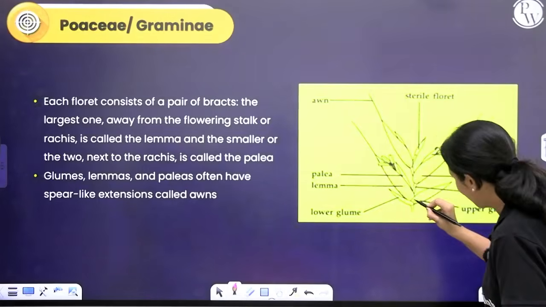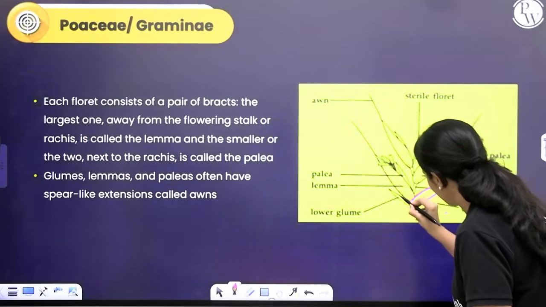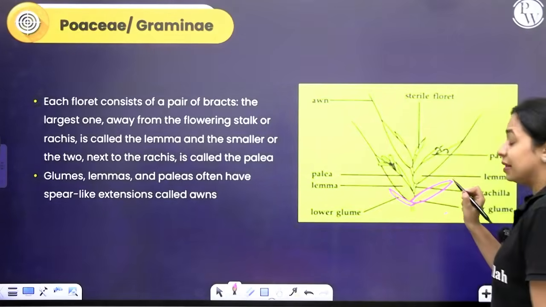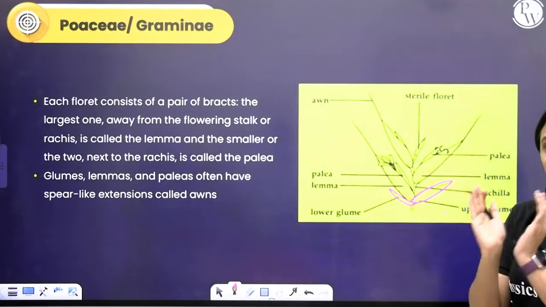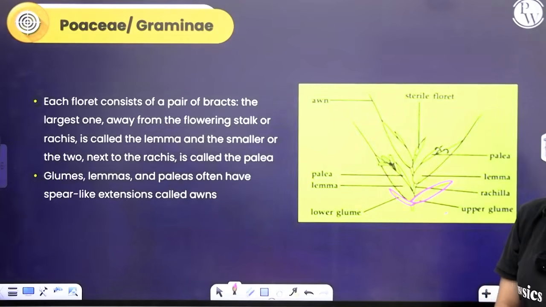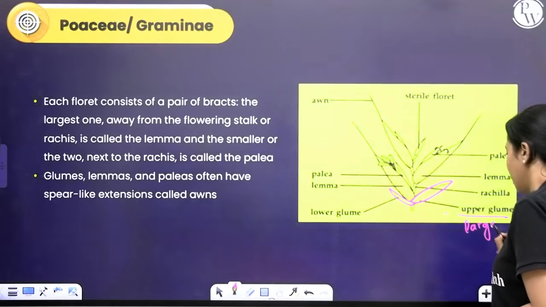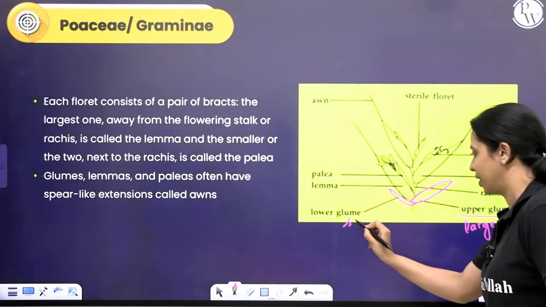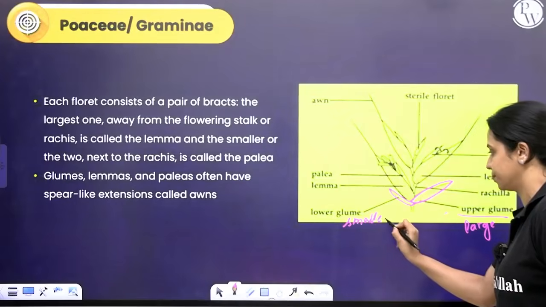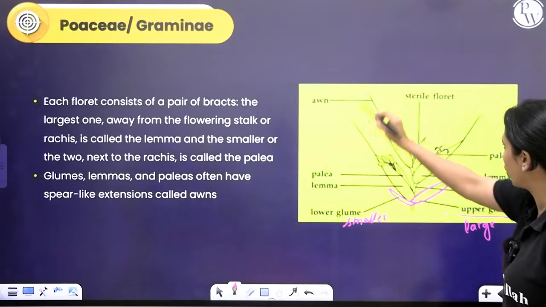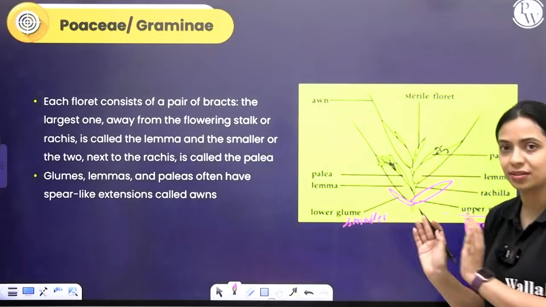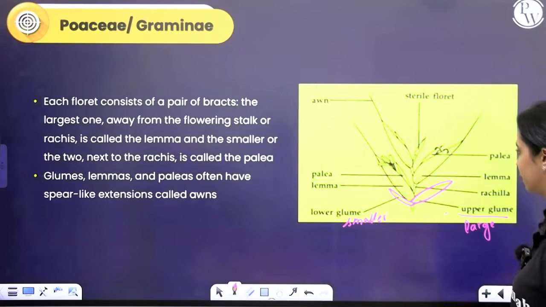There will be one large bract and one small bract. These two bracts for the whole spikelet are called glumes. The upper glume is larger in size compared to the lower one, which is comparatively smaller. So this whole thing is the spikelet, and these two are the bracts for the whole spikelet.